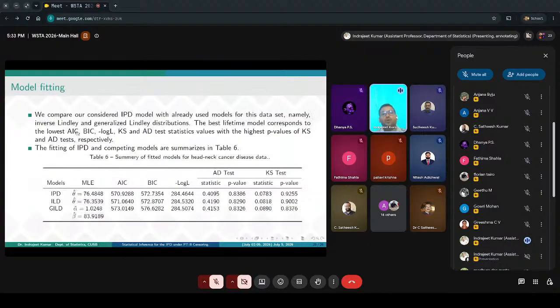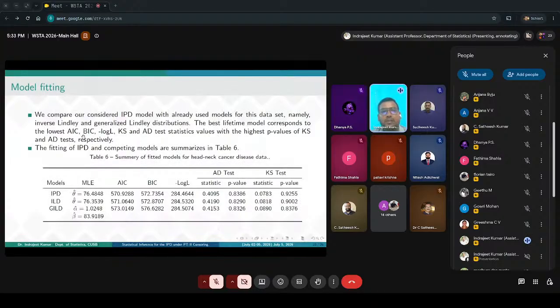Before implementing that methodology, we have to check whether the considered data follows the inverse Pareto distribution pattern or not. For this we applied goodness-of-fit tests like the KS test and the AD test, and the p-value suggests that the data follow the inverse Pareto distribution.